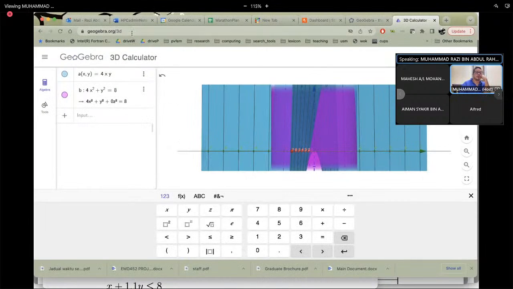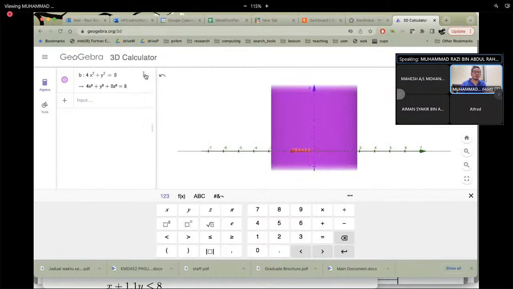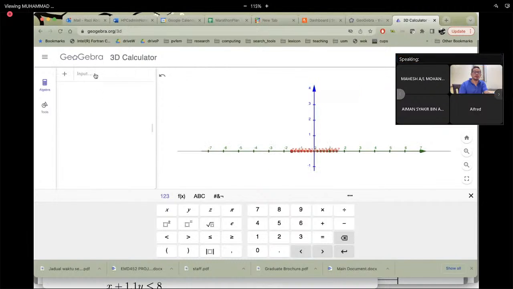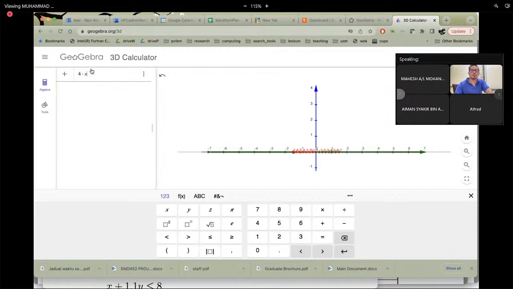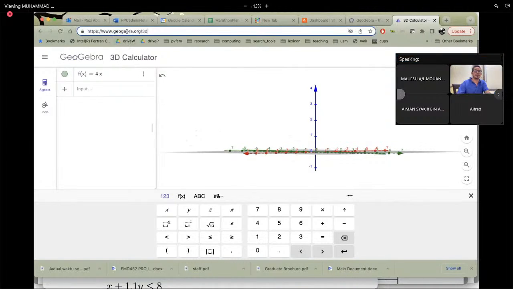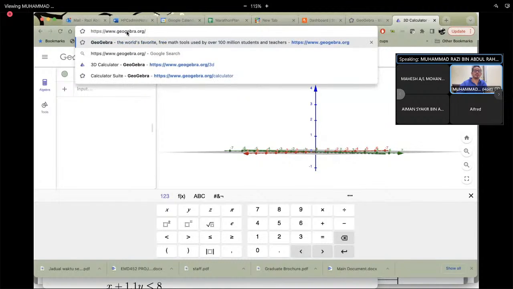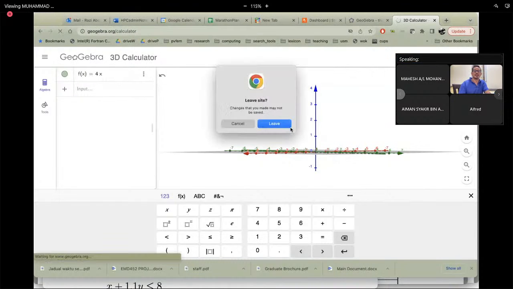Basically, just go to the 2D calculator.